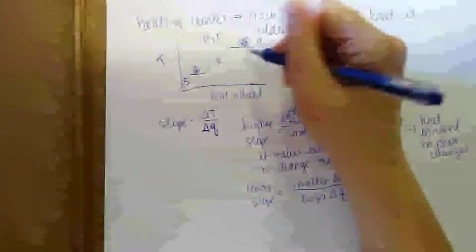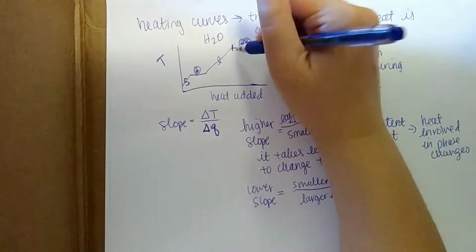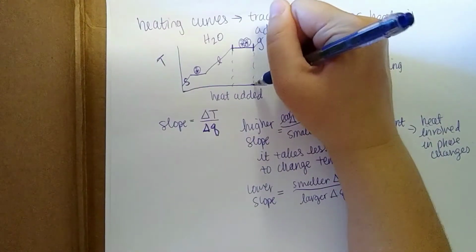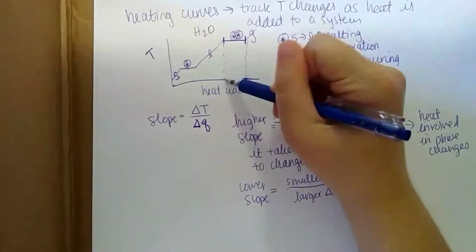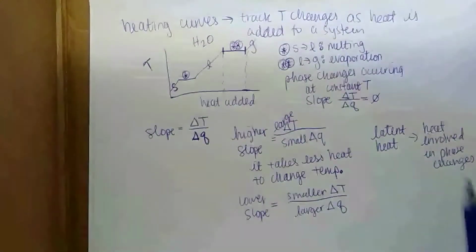So for example, the latent heat of this change going from the liquid to the gas is this quantity right here. So a certain amount of heat was added in order to do this. If this graph had numerical labels, you would be able to figure out how much heat was added for this phase change to occur. So that's where the latent heat comes from.